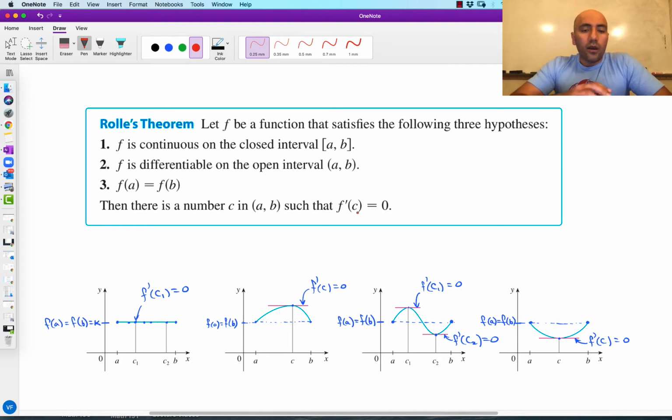Okay, so there's a more general rule that we're about to look at called the mean value theorem. And this Rolle's theorem is simply one little subcase of that larger rule that we're going to be working with. So really, we don't work with Rolle's theorem too often. So let's move on to the more general situation.